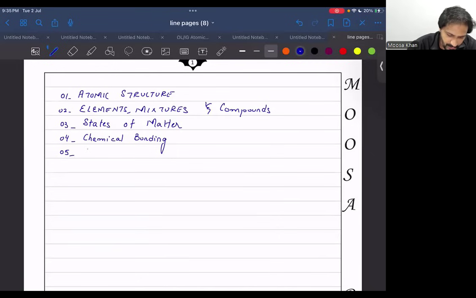After this chapter, we will move on to the moles and stoichiometry. After that, redox reactions. Then metals and extraction of metals.